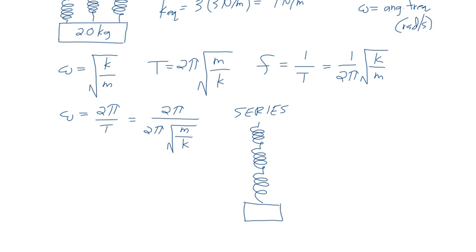I didn't think it was going to come up. And so that's 2 kilograms. So if that is how the springs are, then I want to replace those 3 with 1 value. I want 1 value for my k.